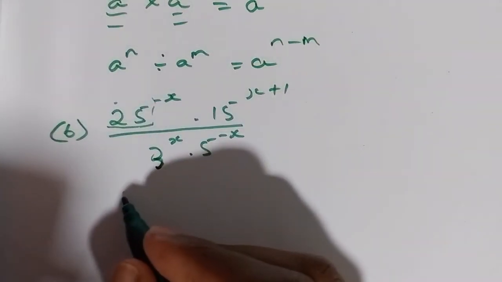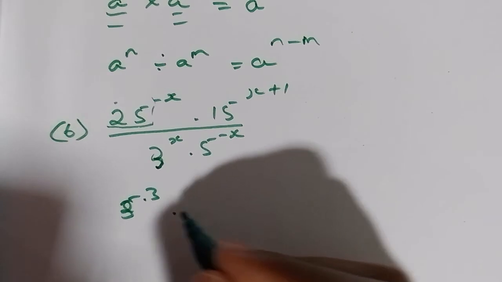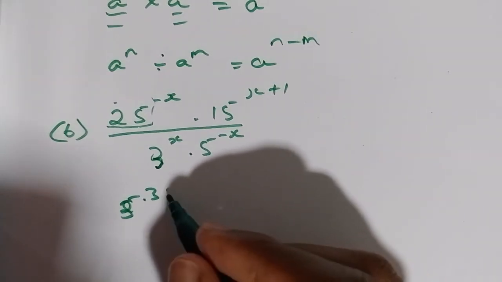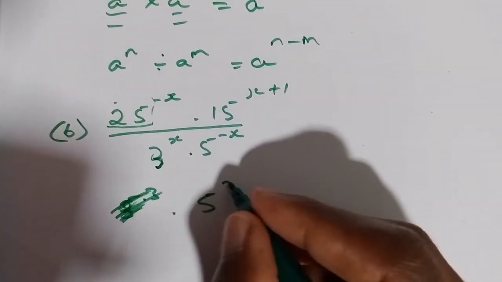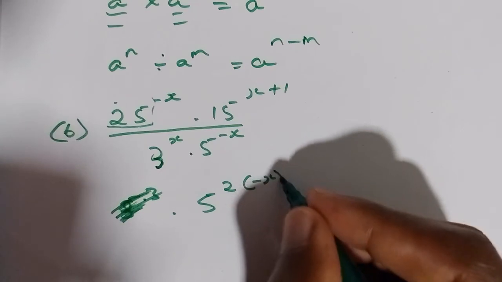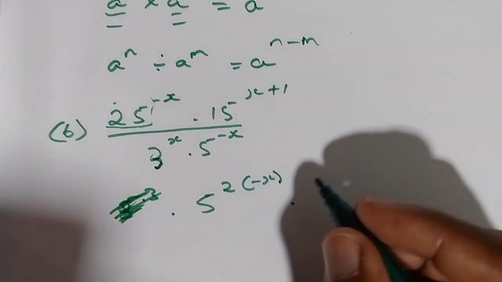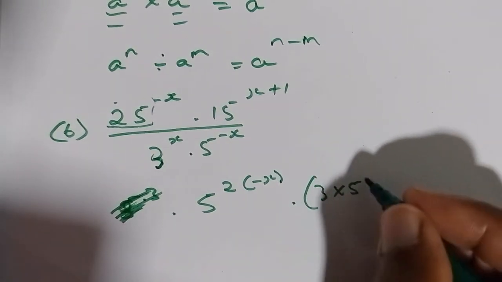Okay, you're gonna have 25, not 5 to the power 3, multiplied by, wait, it's 5 to the power 2 into minus x, multiplied by, this can be broken into 3 multiplied by 5, right?